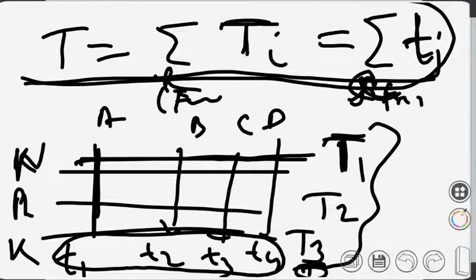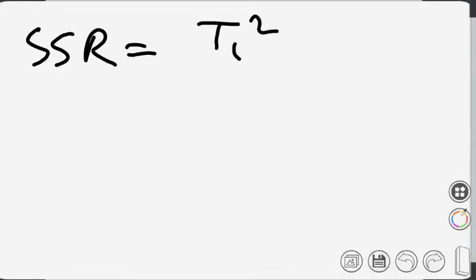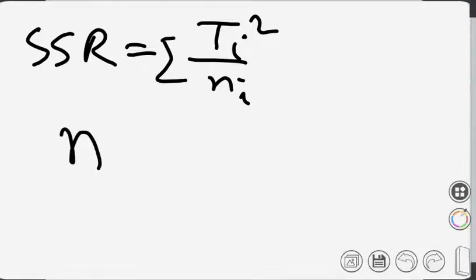Now, next SSR. SSR is for row. So that will be Ti square by Ni, and you have to sum that. I forgot to tell you what N is.